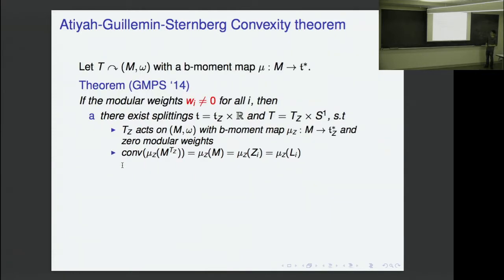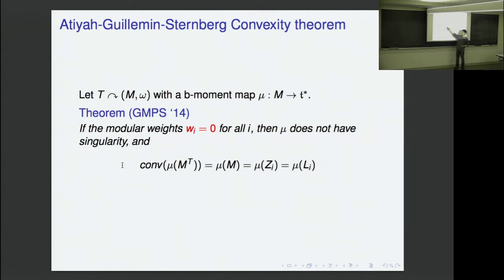And in the second case, when the modular weights are not 0, we can consider the previous splitting. We defined the codimension 1 subalgebra to be killed by these weights. If we consider this subtorus action, the modular weights are restricted to be 0 on this subtorus, and this brings us back to the previous case of 0 modular weights.